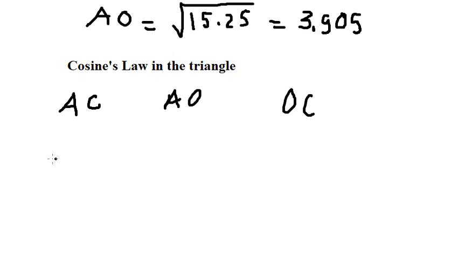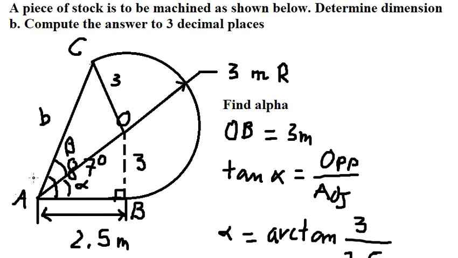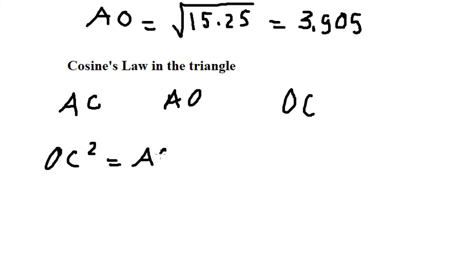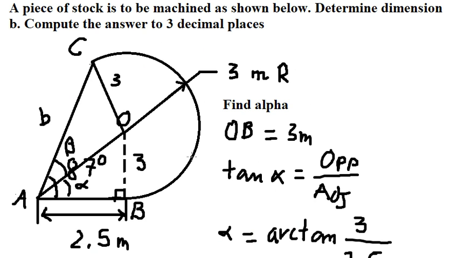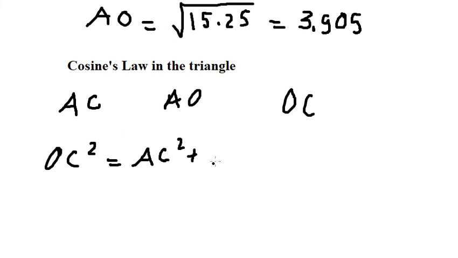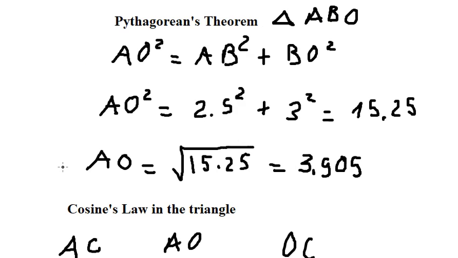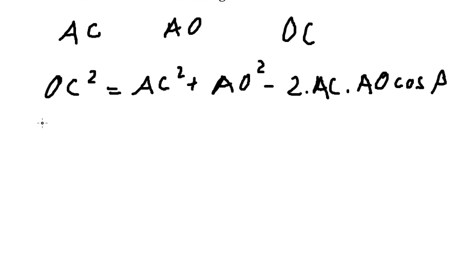So that means OC square equals AC square plus AO square minus 2 AC AO cosine beta.